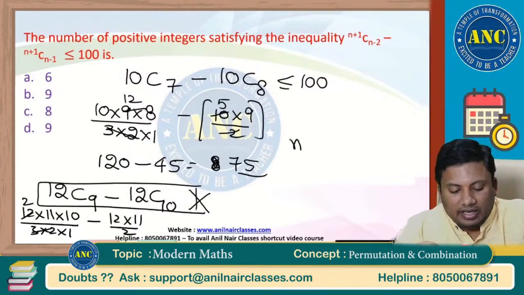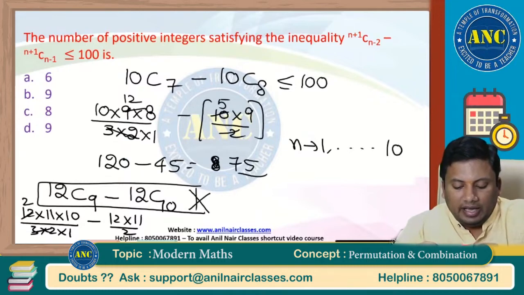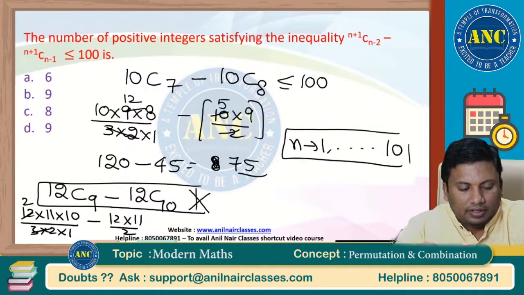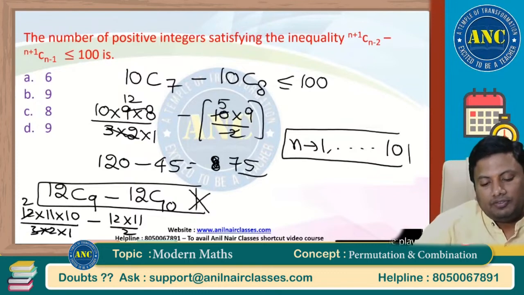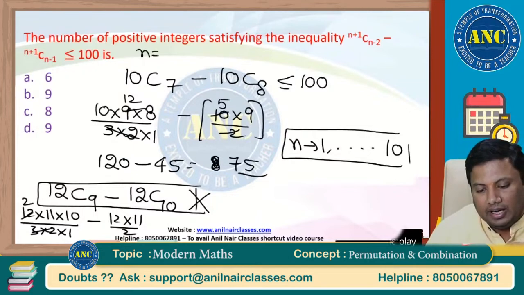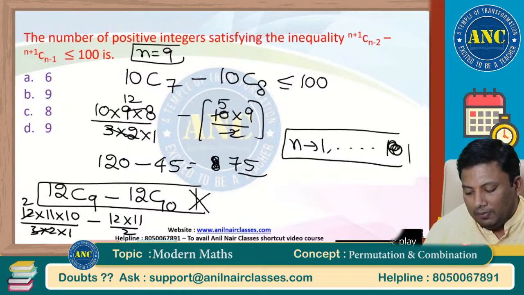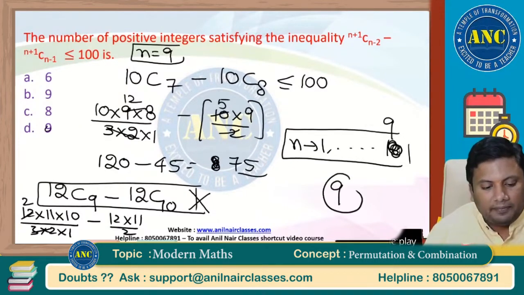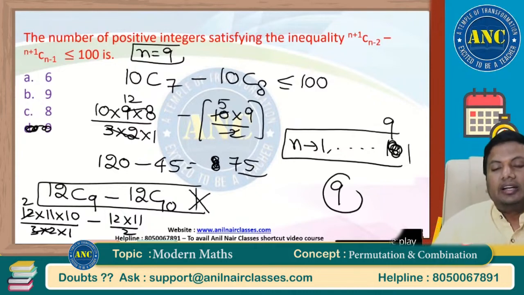That means n can take any value from 1 to 10. I hope it is clear. So, n value, I took n value here 9, right? 9 plus 1. So, n value will be from 1 to 9. Totally, what will be the answer? Totally, it is 9.